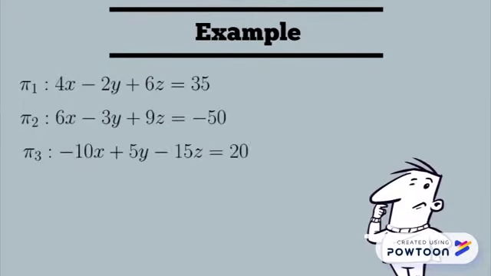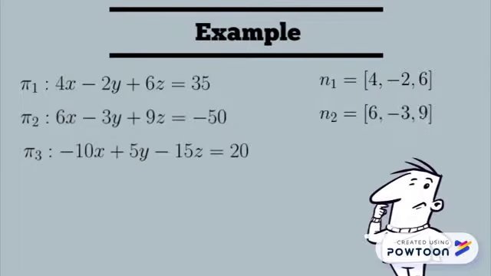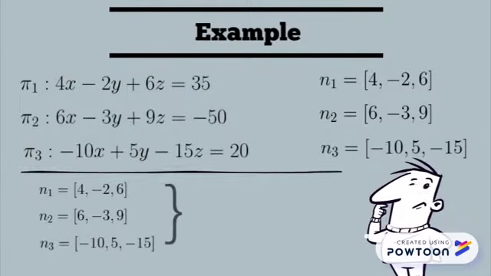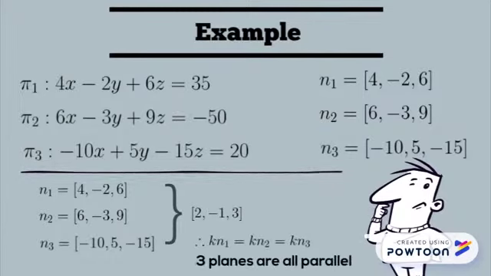For these equations, we know that n1 equals (4, -2, 6), n2 is (6, -3, 9), and n3 is (-10, 5, -15). Simplifying the normals of all three planes gives (2, -1, 3). Hence, these planes are all parallel.